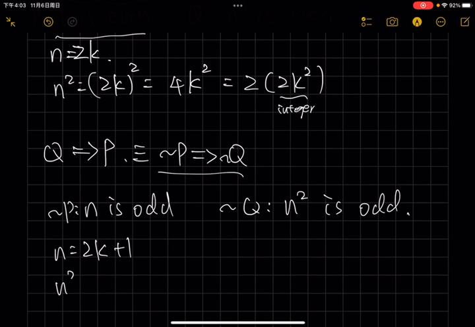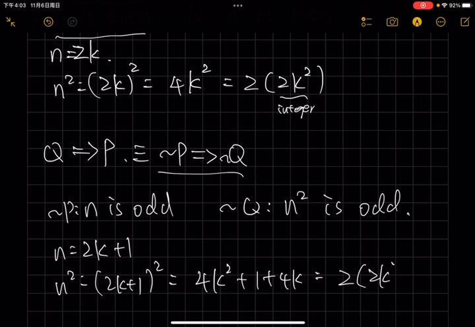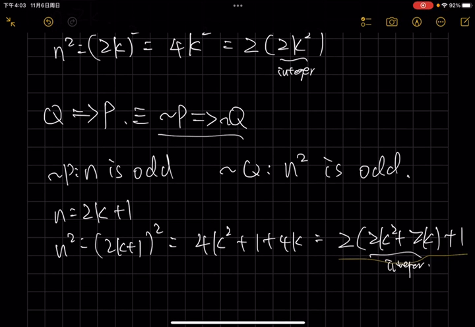So n squared is equal to (2k plus 1) squared, and then we do some algebra. We can simplify it more here. From here, we know that integers are closed under multiplication and addition, right? So this part, the result would be an integer. From definition 2, this part shows that n squared is also odd. So n squared is odd.